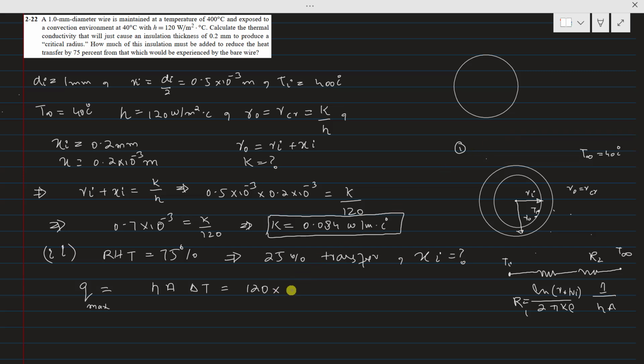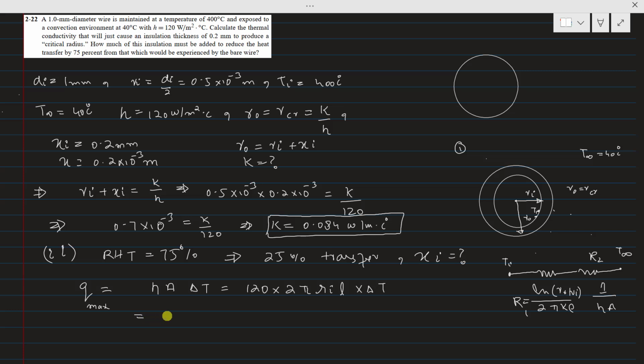That is the area, 2 pi Ri and length. Everywhere you see the length, take it as 1 for simplicity if the data is not provided. Now just put the value and then temperature difference.